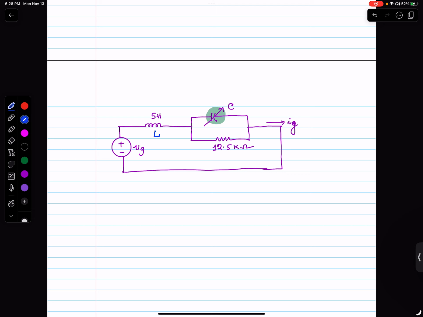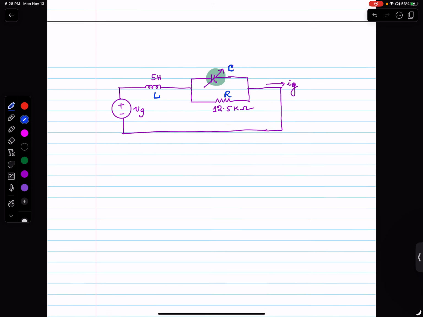Okay, I'm going to call this R, and I'm going to leave this as C. Okay, and I'm going to solve using these variables L, C, and R so that I can keep it general, so that I can apply this kind of result to other circuits with the same structure but different values.